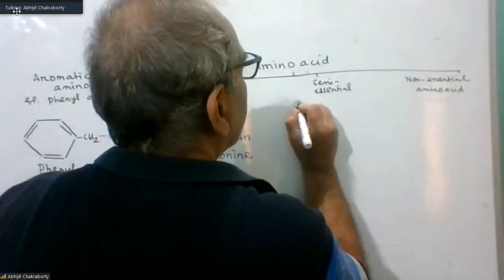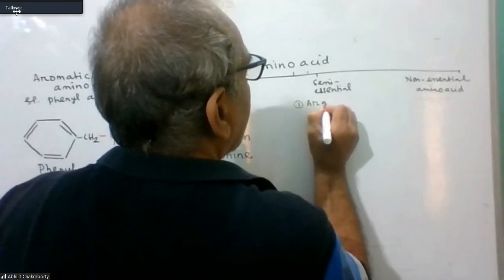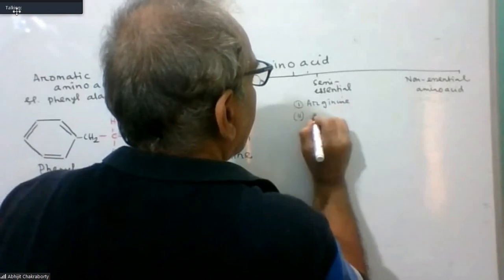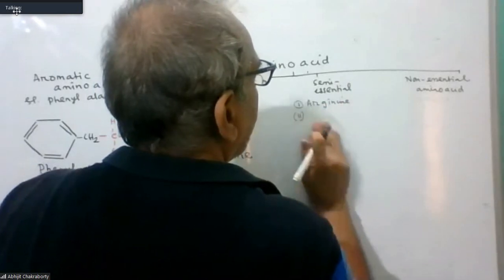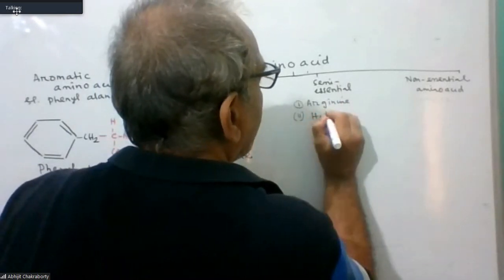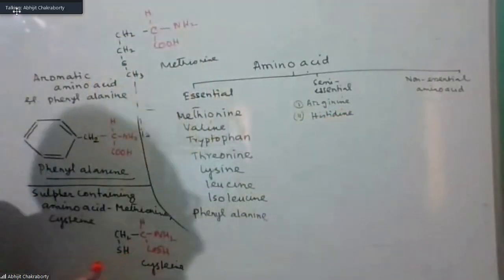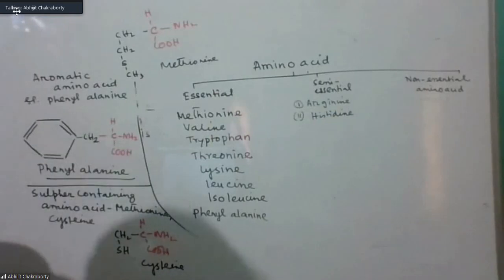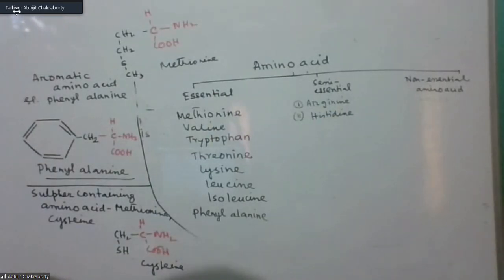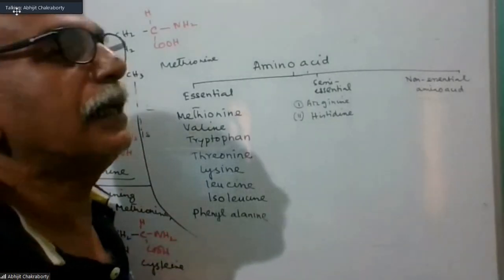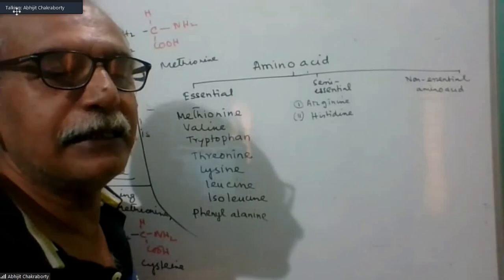Semi-essentials, arginine and histidine. Why they are called semi-essential? This is because these amino acids are essential in infantile stage.